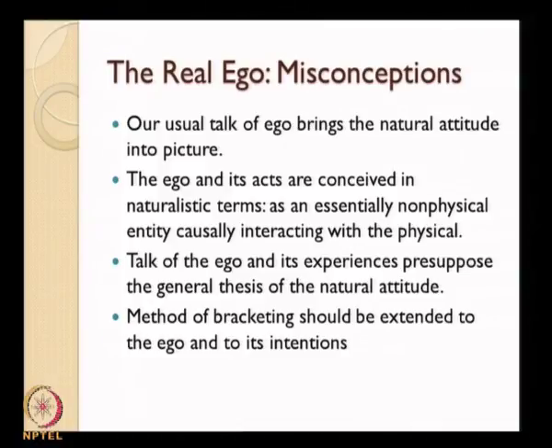So, this is the next stage of reduction, or rather the giant step which Husserl makes in his phenomenology: to apply the method of reduction to oneself, to one's own ego, bracket the ego and then see what happens. So far you were bracketing the world and trying to isolate the essences of objects, now you are applying the same method to yourself.